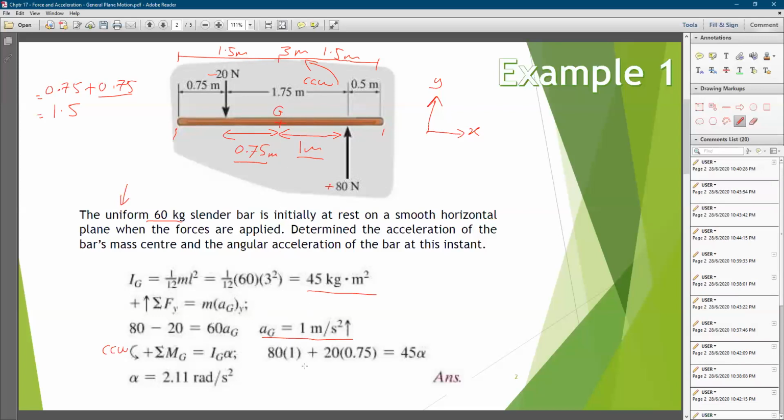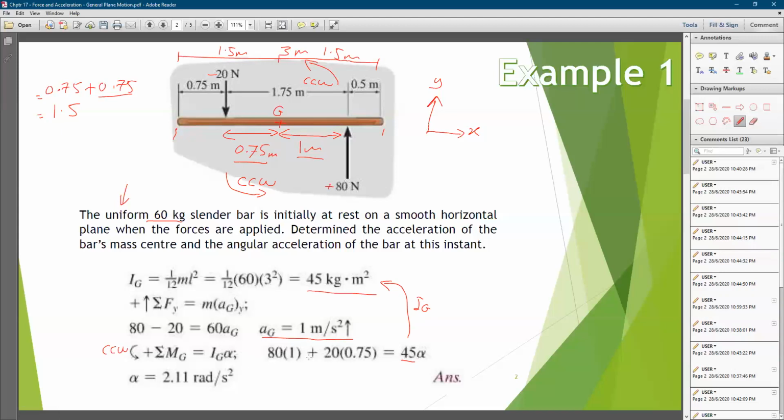Then plus, because this particular force will create another counterclockwise moment as well, in the same direction, multiplied by the perpendicular distance here, which is 0.75 meter, and that is equal to 45 alpha. 45 is from here, the IG, and alpha is the one that we are interested in.